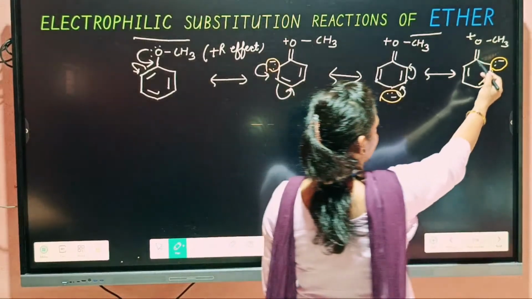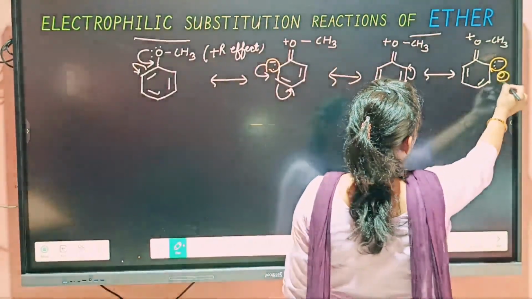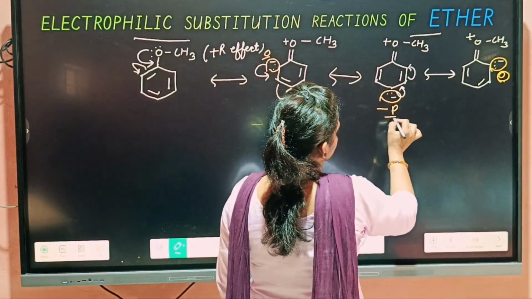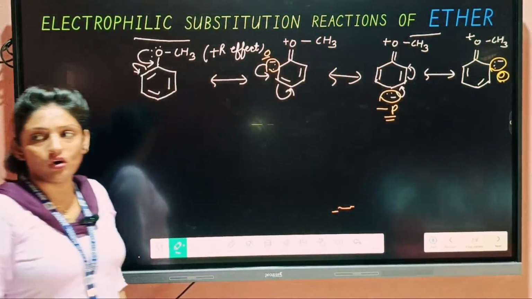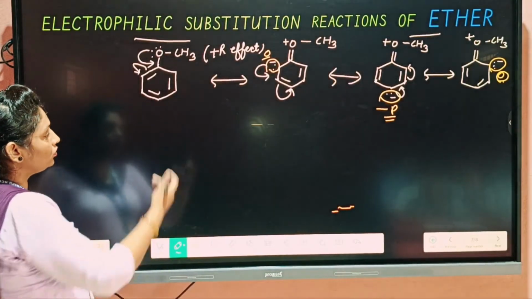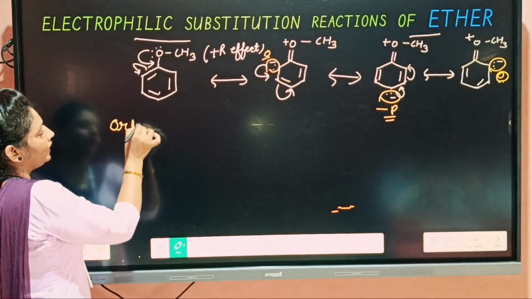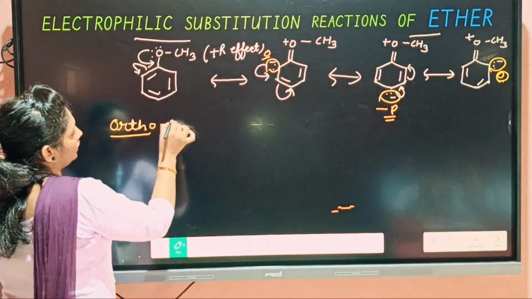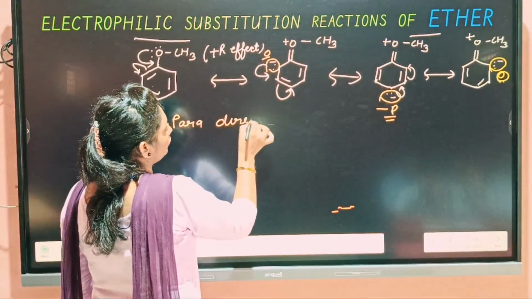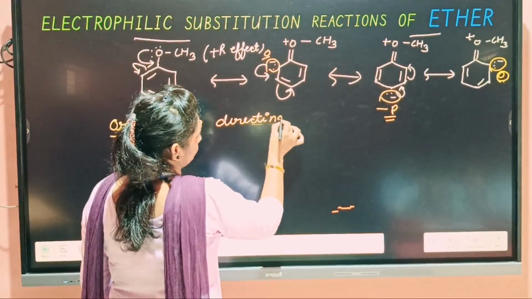Here this 1, 2 position is the ortho position, this one is also ortho, and this one is the para position. So electrons are coming only at the ortho and para positions, so ether also gives ortho-para directing products.